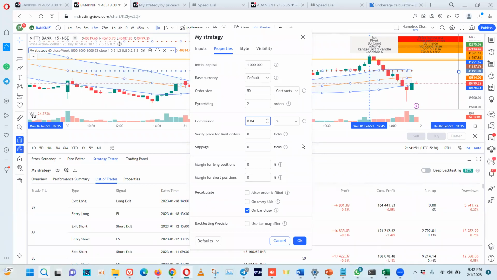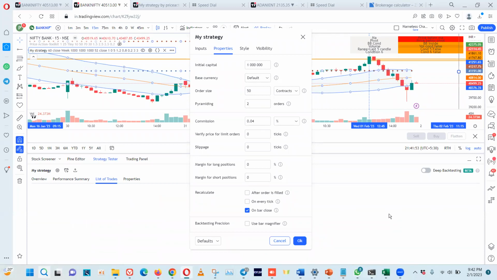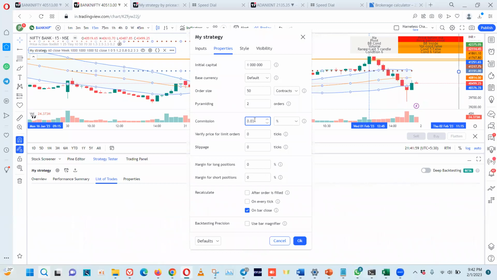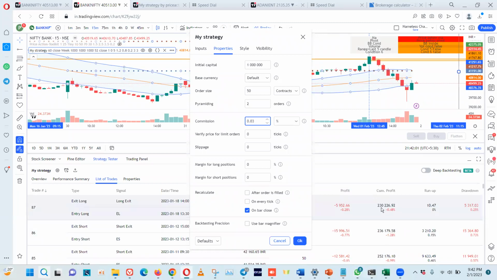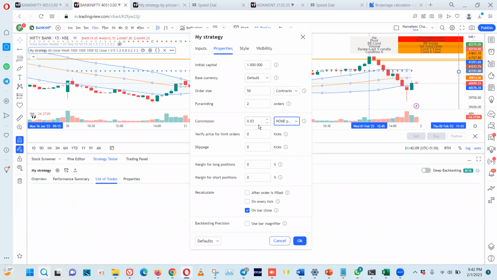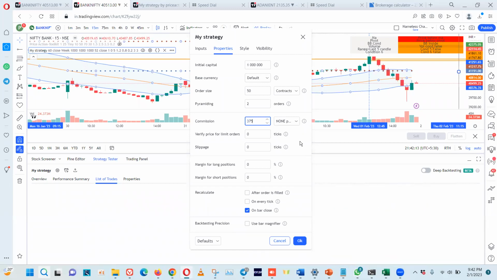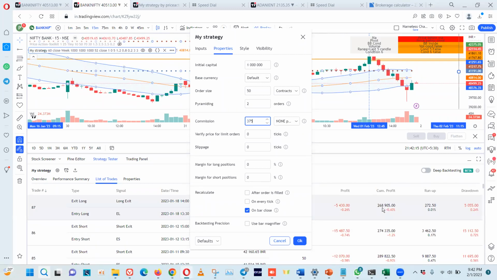If we make it 0.04%, so it is 1,97,000. If we make it 0.3%, it is 2,30,000. And as per our calculation of per order 375, the profit comes to around 2,68,000.